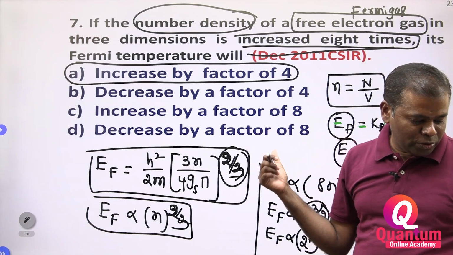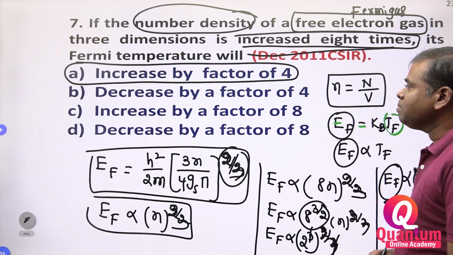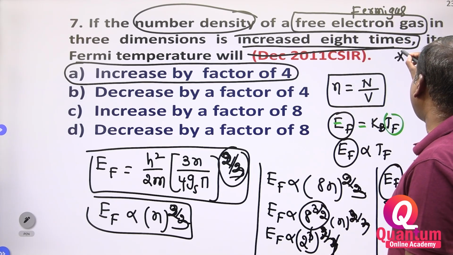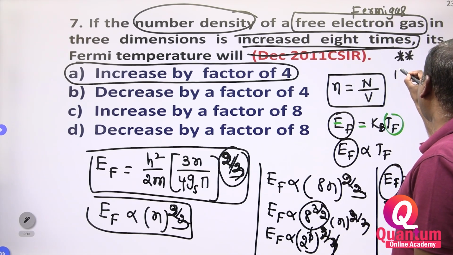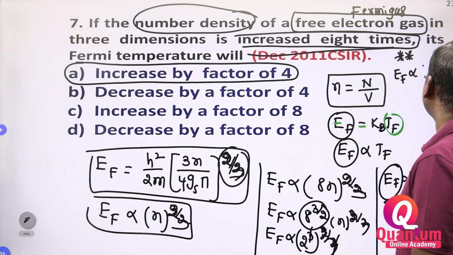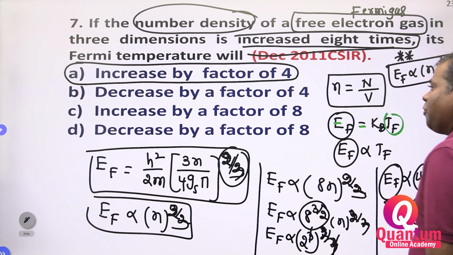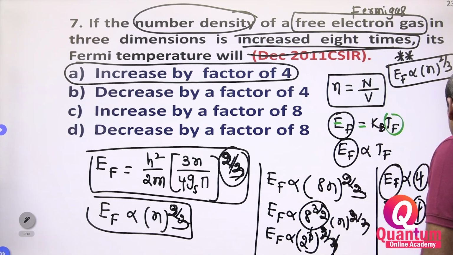Clear? This question, the Fermi energy formula, is asked many times: the Fermi energy is proportional to the number density to the power of 2 by 3. From the Fermi gas, this question came.